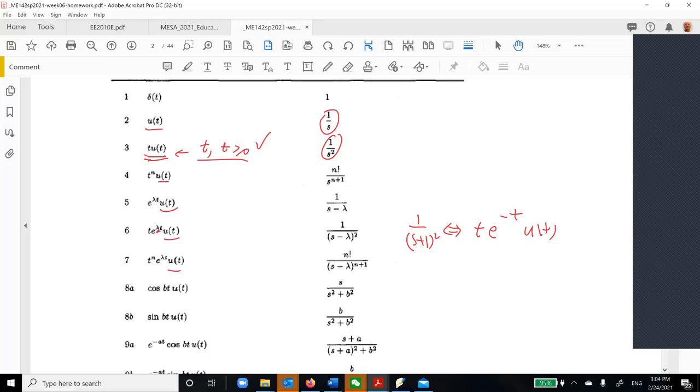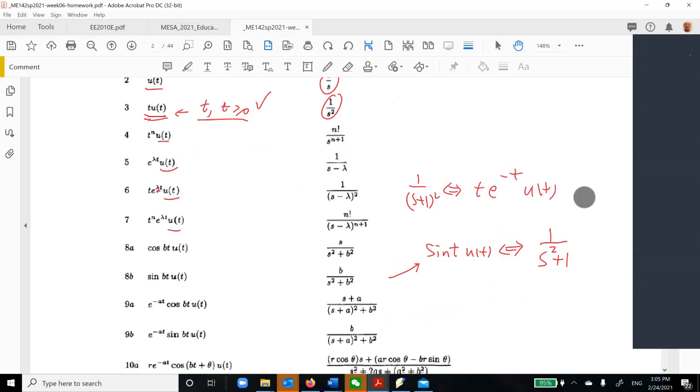All right, so if you have sine t times u(t), what is the Laplace transformation pair? Omega b is 1, right? So b is 1, and this one will give you 1 over (s squared plus 1).